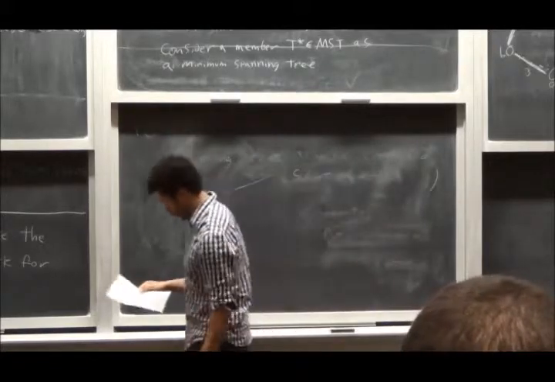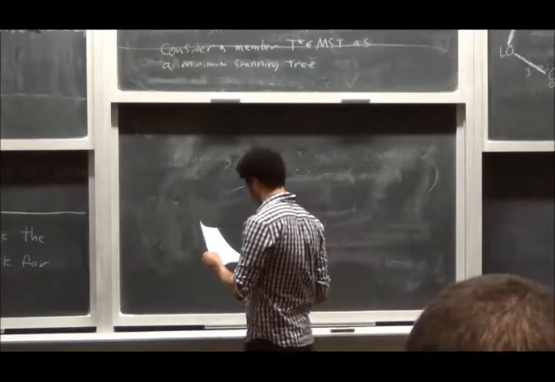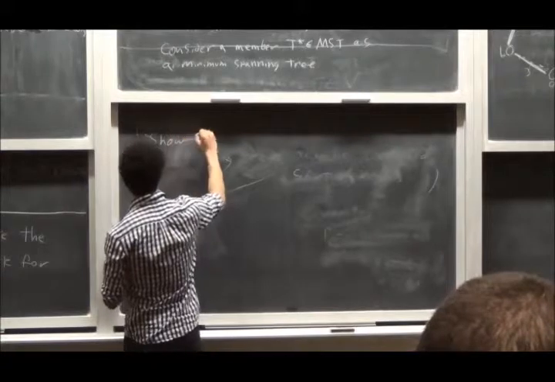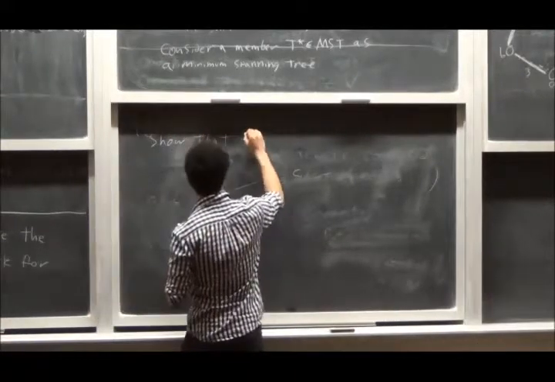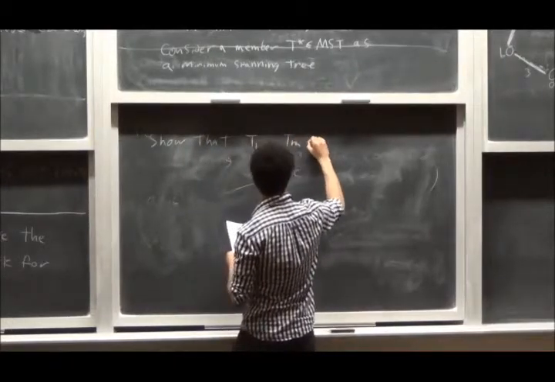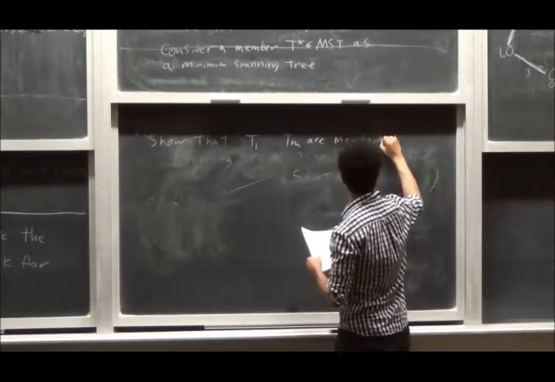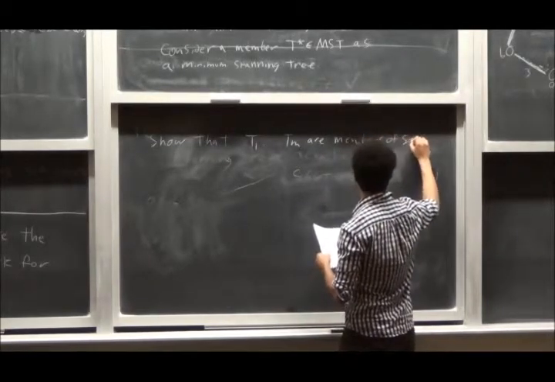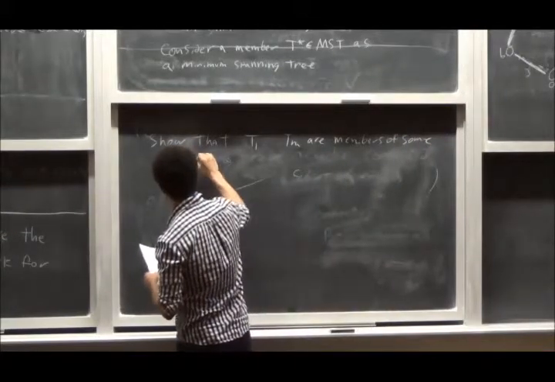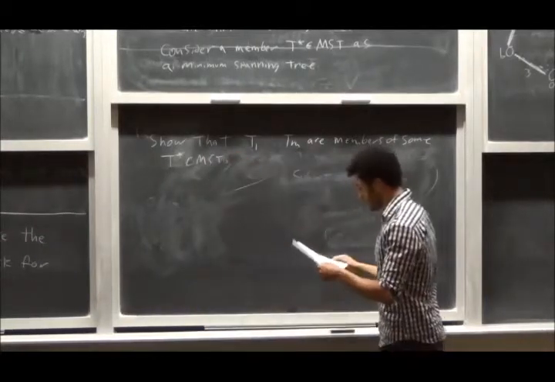So, the general idea is to show that T1 through TM are members of some family of sets as they're being constructed.